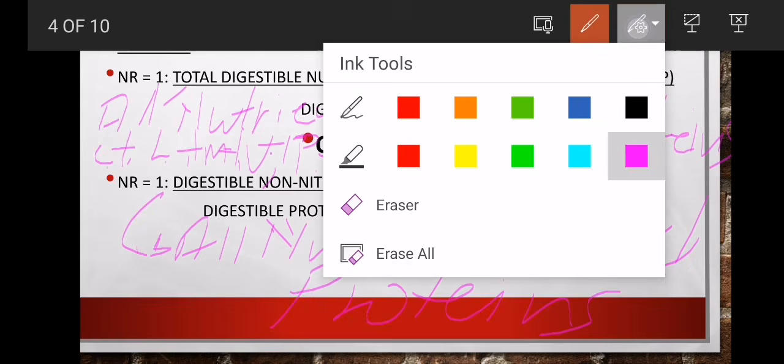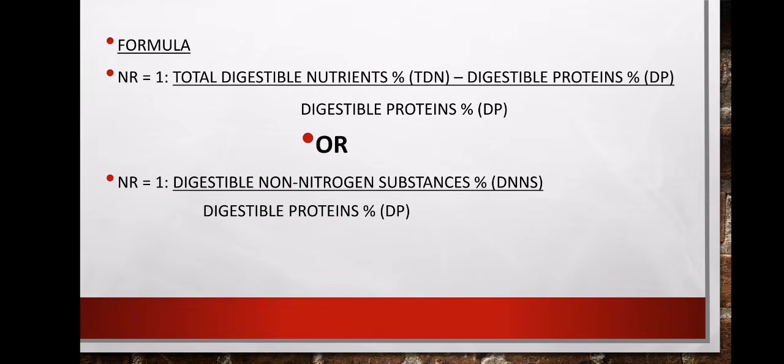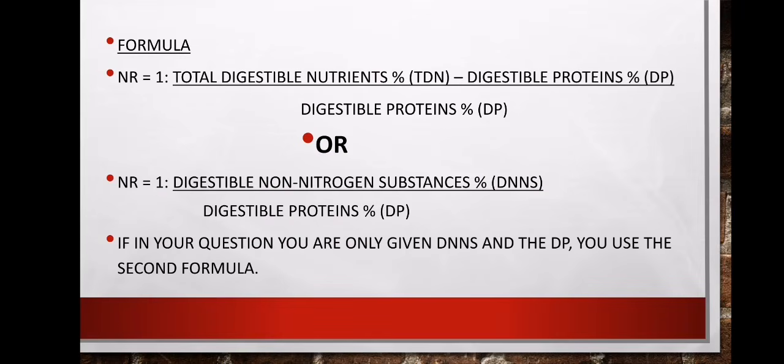I said to you, my people, it's very important to know which formula I am using. If in your question you are only given DNNS and the DP, you must use the second formula.